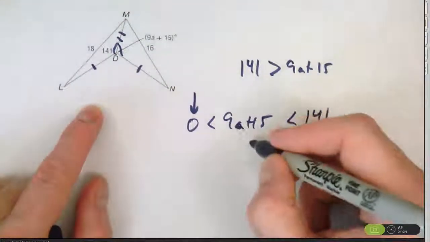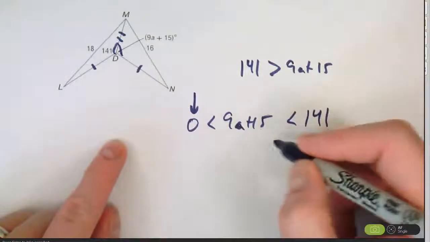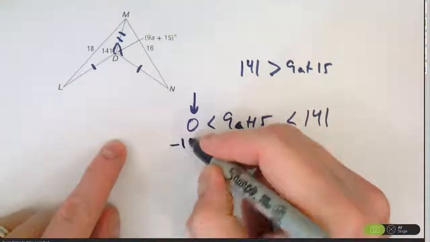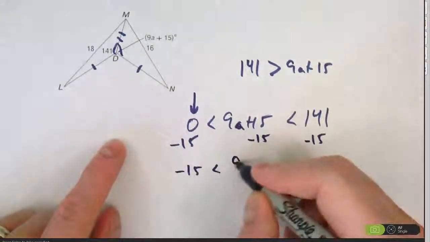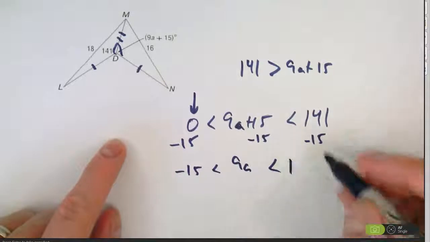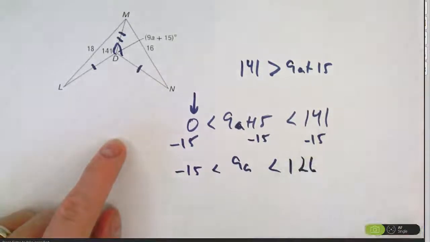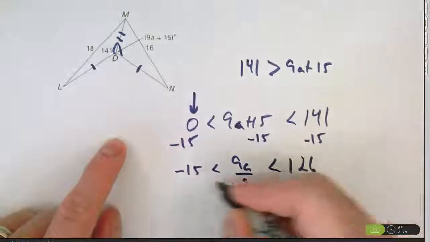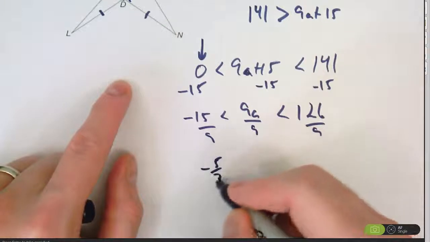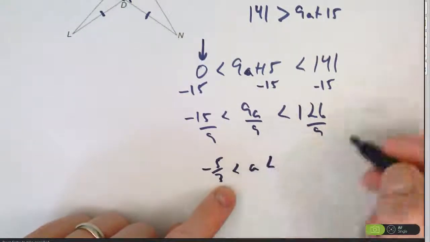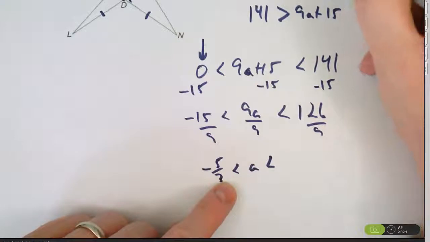So how do we solve compound inequalities? You start from the middle, subtract 15 from both sides. That gives me negative 15 is less than 9A, which is less than 126, and then divide everything by 9. This reduces to negative 5/3 is less than A, and 9 goes into 126 14 times.